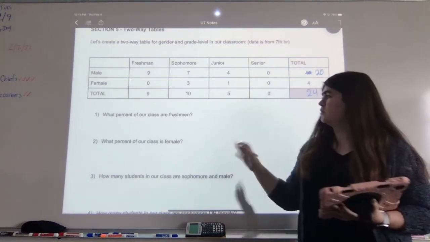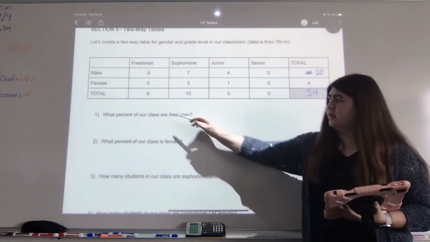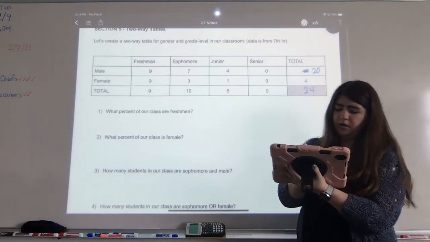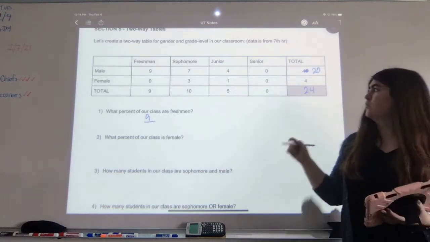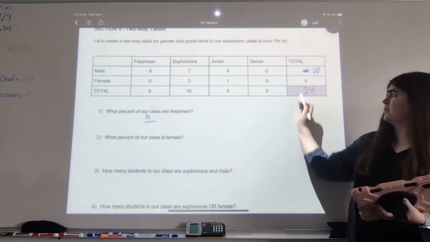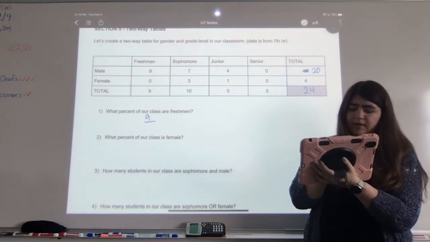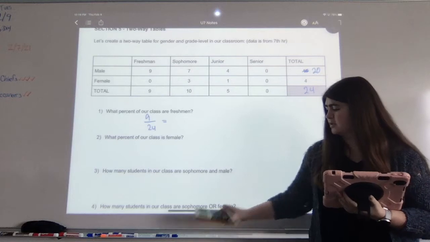All right, so question 1, what percent of our class are freshmen? We are going to take our number of freshmen, which is 9, and we are taking that out of the total number of students in our class, which is what this number over here is. This is the total number of students in the class. So I have 9 divided by 24, and that will give me my percentage.